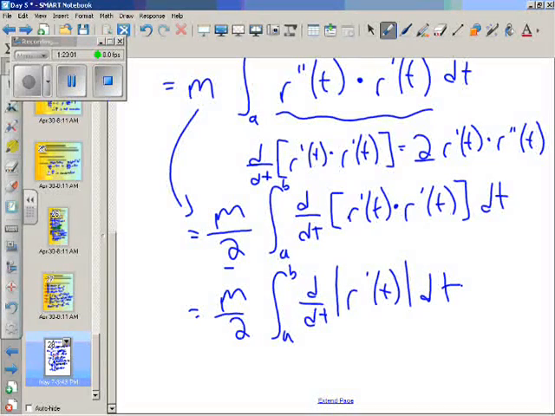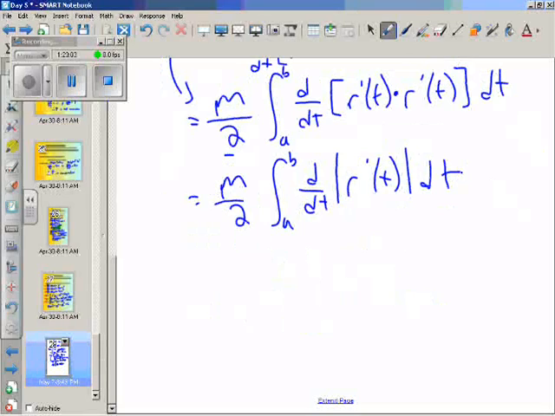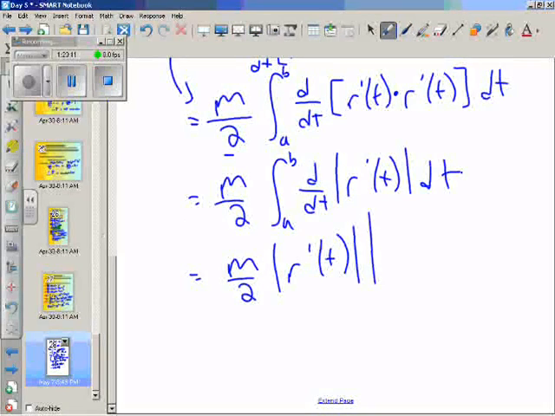But we also have the derivative inside the integral, so by the fundamental theorem, this is just m over 2 times the magnitude of r prime of t squared, evaluated from a to b.